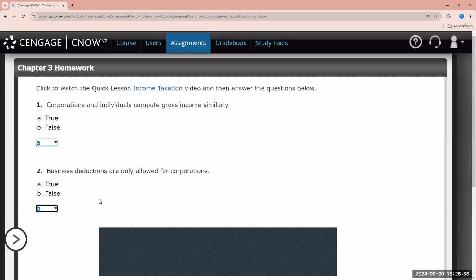Business deductions are basically deducted from gross income to determine whether there's taxable income, and this is obviously prior to any NOLs, net operating losses. When we get a bit more into calculating the special taxable income for corporations, we'll learn a bit more about what are called dividends received deductions. But 2 is false. Business deductions are allowed for both individuals and corporations.